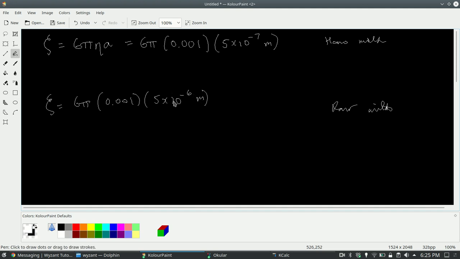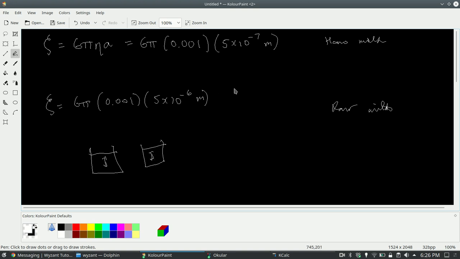So raw milk separates 10 times faster than homogenized milk. So if it takes you 1 day to let the raw milk separate, then it would take you 10 days for the homogenized milk to separate. Now, I have kids, and we drink milk, and there is never a case when the milk is in the fridge for 10 whole days, because at that point, you gotta throw away the milk.